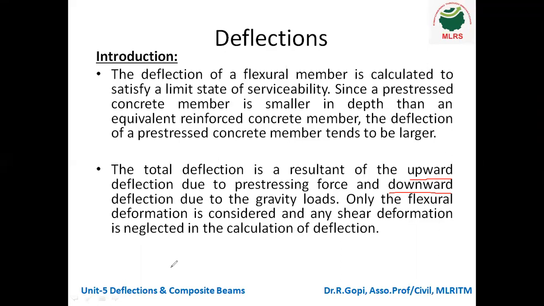But in prestressed concrete members, due to the prestressing force with some eccentricity, the deflection occurs upward. That means the beam bends upward, not downward. It is opposite to gravitational force, because due to the high amount of prestressing force, it will bend upward.